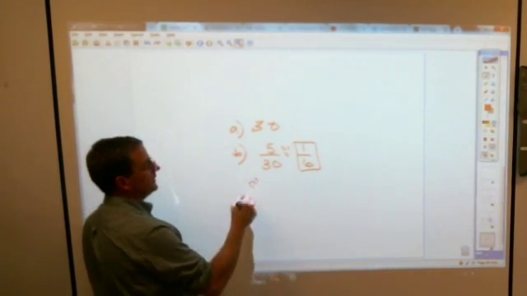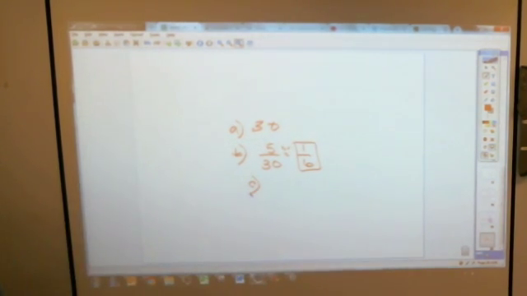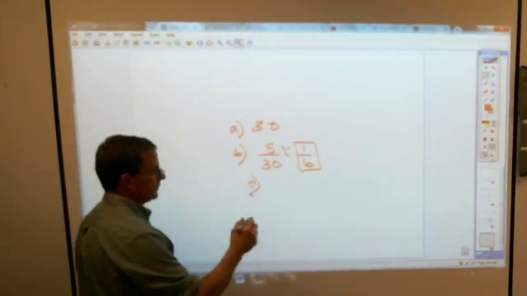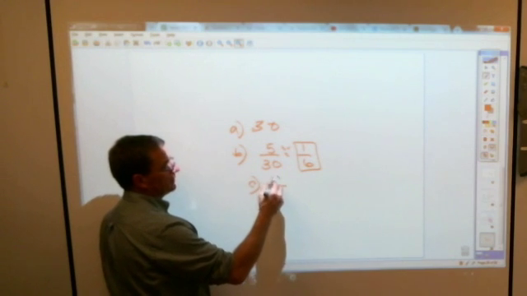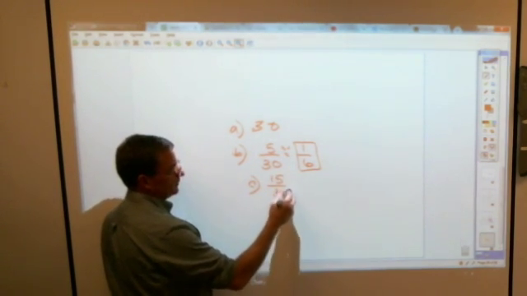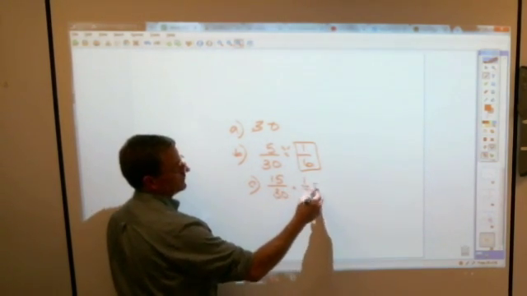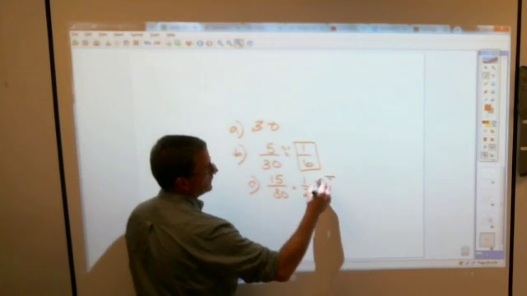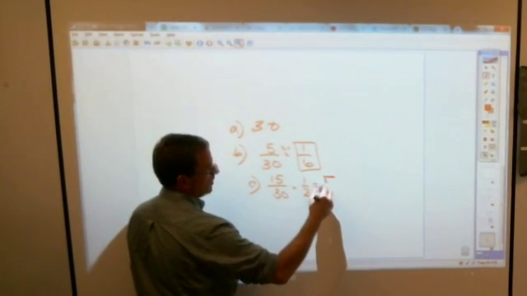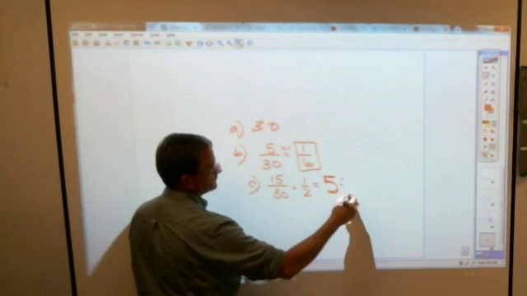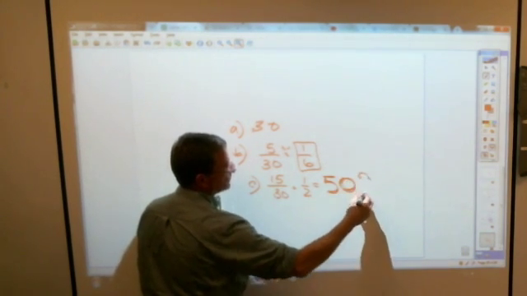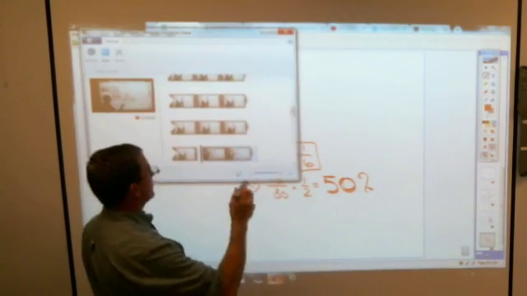And then letter C asked you what percent like basketball. Well, how many like basketball? 15 out of the 30, which is 1/2, and 1/2 is what percent? 50%. So there is your circle and pie graphs.